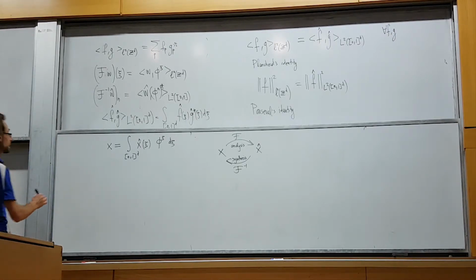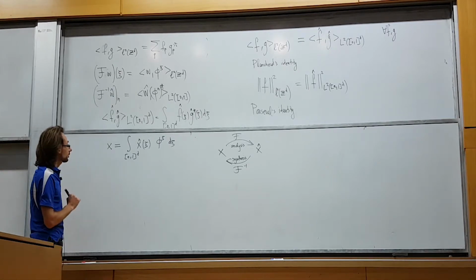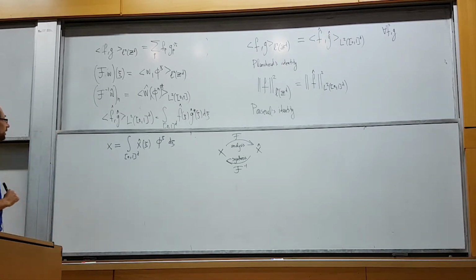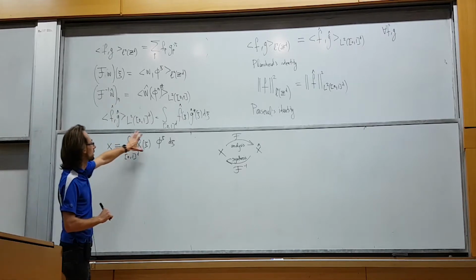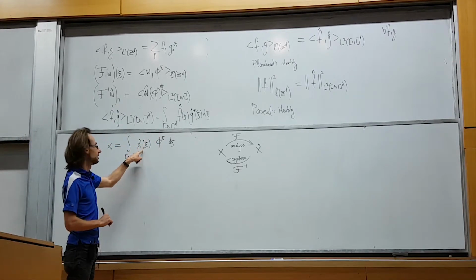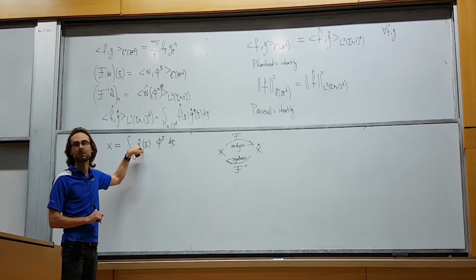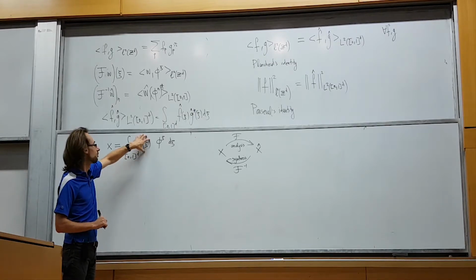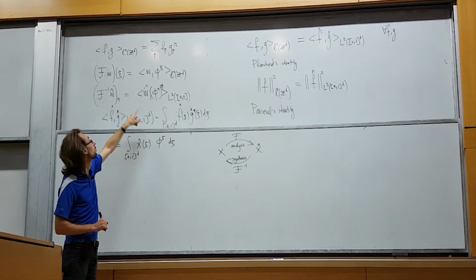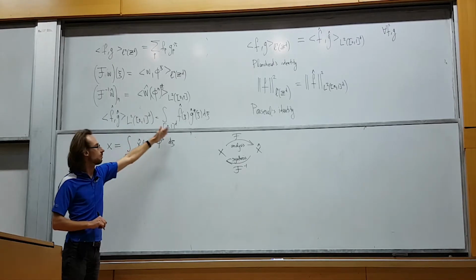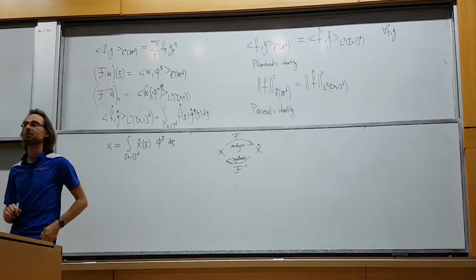Okay? So this is the inverse transform, what I wrote, and this is the forward transform. Computing these coefficients is analysis, it's computing those inner products, and computing this sum is called synthesis.